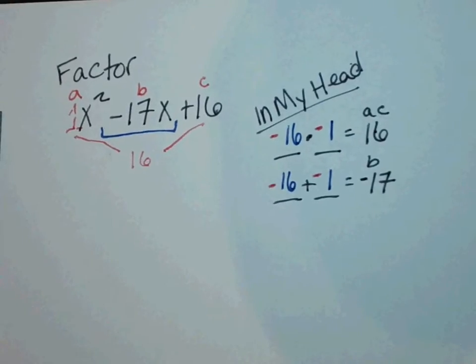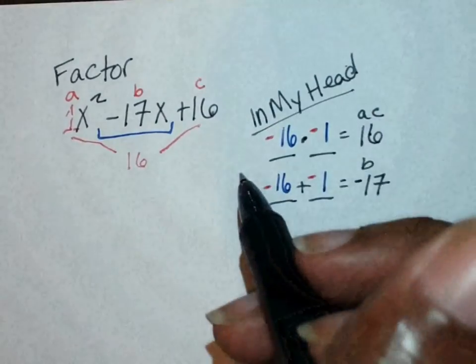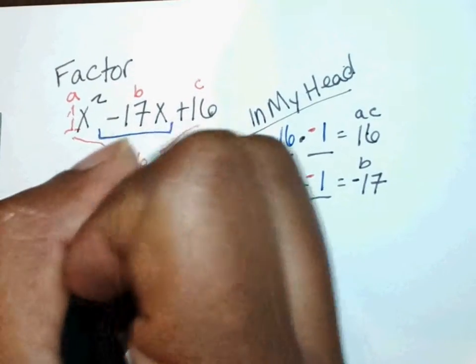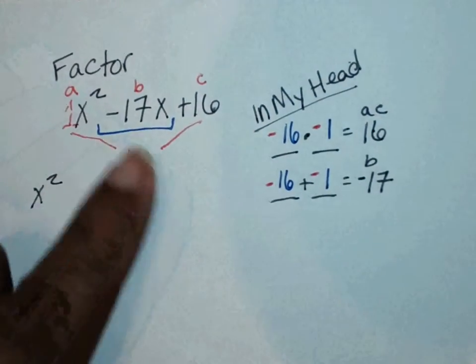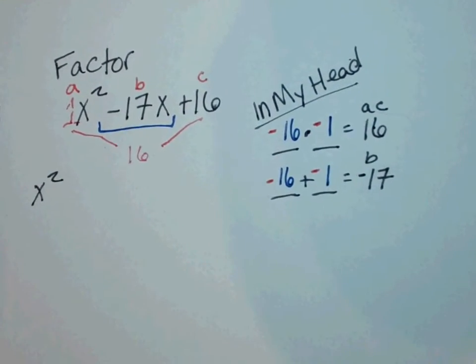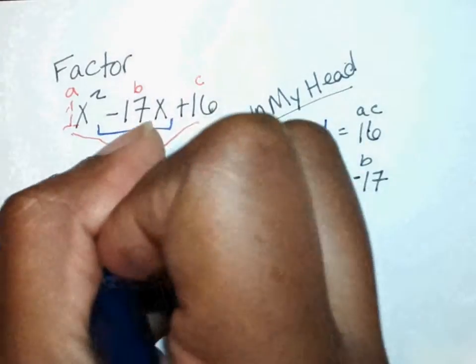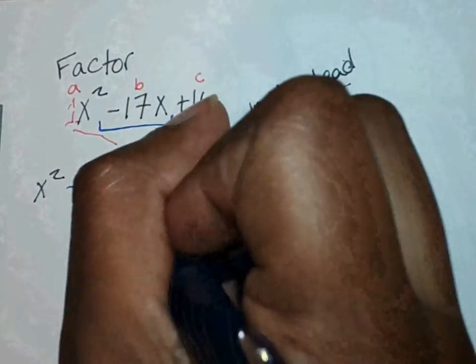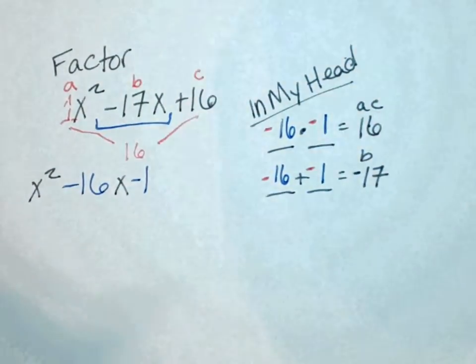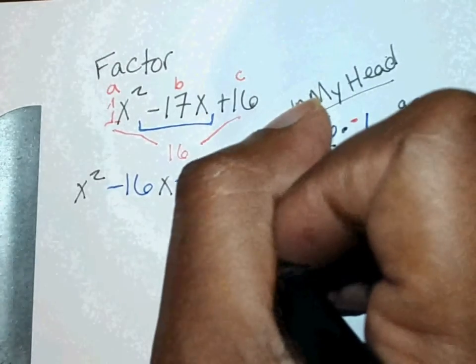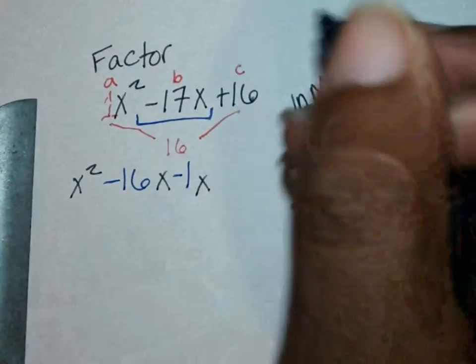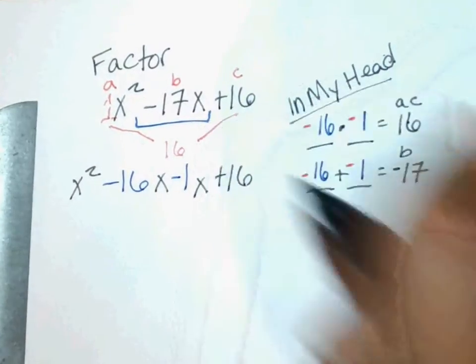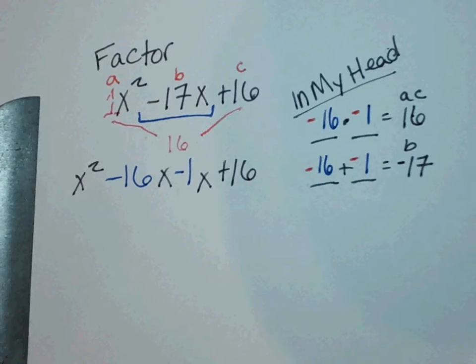And that's exactly what I'm going to write down. I am going to write x squared, but now instead of this, I'm going to write negative 16x, negative 1x, and then I still have my positive 16 at the back.